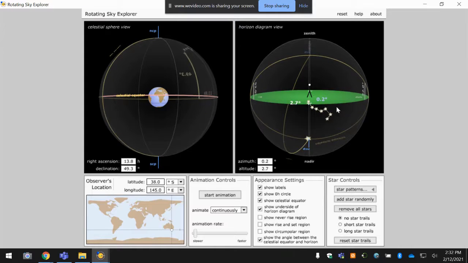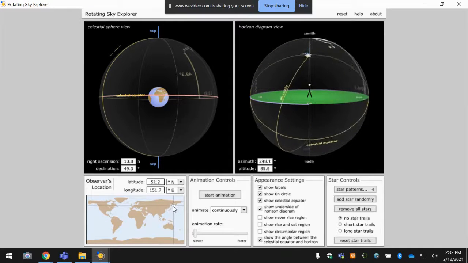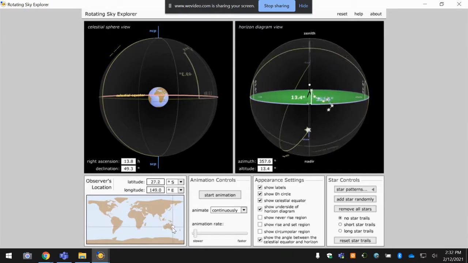So is the Big Dipper a useful landmark in Melbourne, Australia? No, it isn't. In fact, you probably need to be at like 20 degrees south latitude and above to even be able to see the Big Dipper.